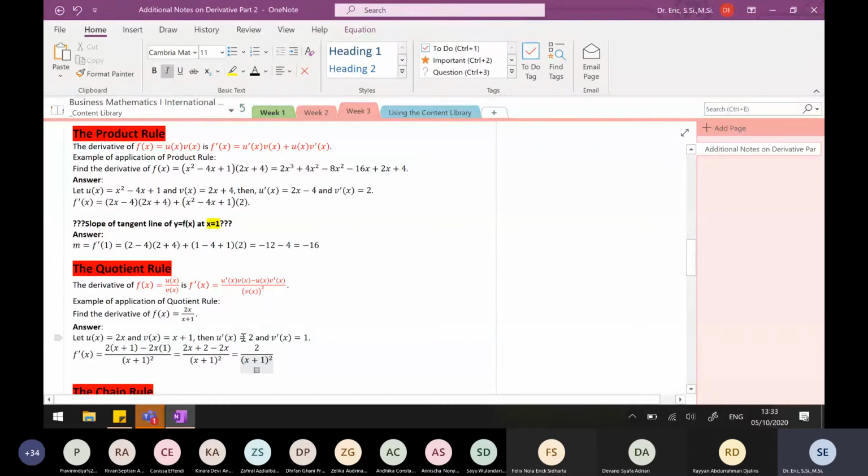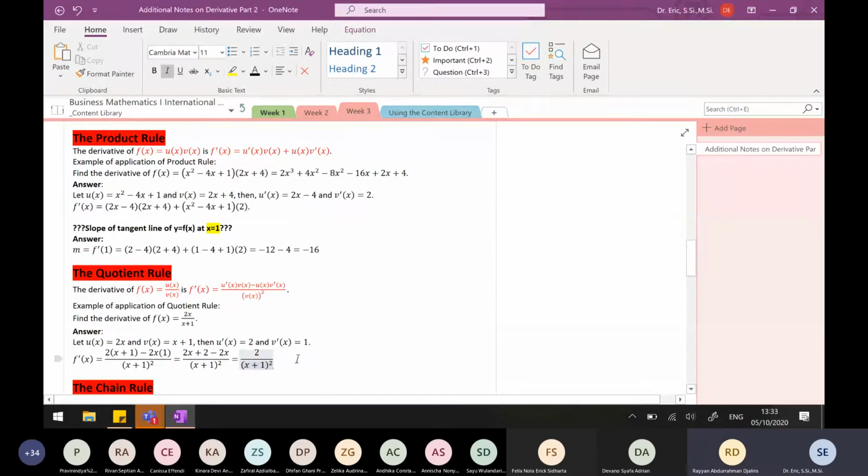The slope is given by f prime 2, because you want to look at x equals 2. So you can just do 2 divided by 2 plus 1 squared, 2 divided by 3 squared. Then you will have 2 over 9 as your slope of the tangent line of y equal f(x) at x equal 2. Okay, Ryan?